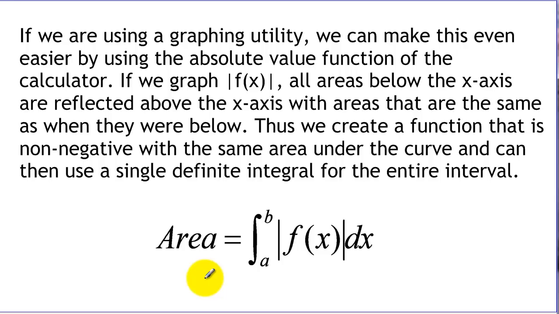But the area of that flipped part will be the same as the area below. So by taking the absolute value, we'll be creating a new function that is completely non-negative, meaning it's above the x-axis everywhere, and we can just take a single integral. So let's look at an example with that.